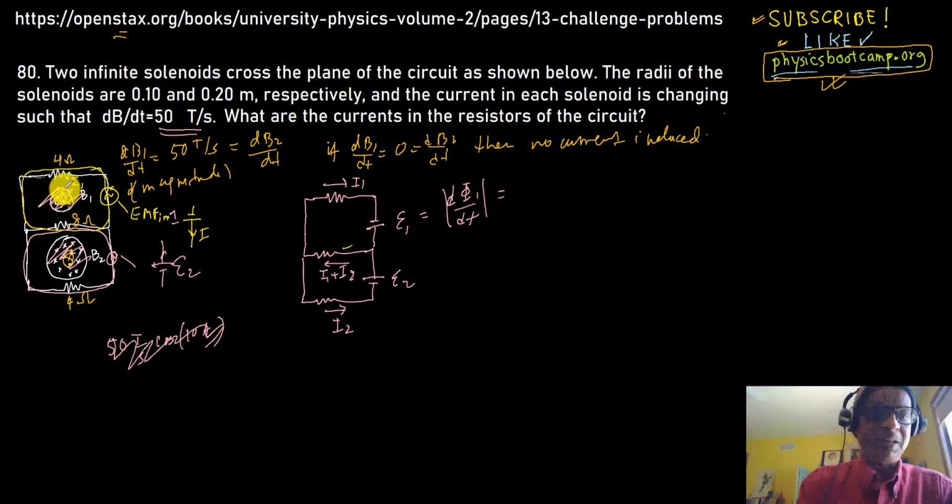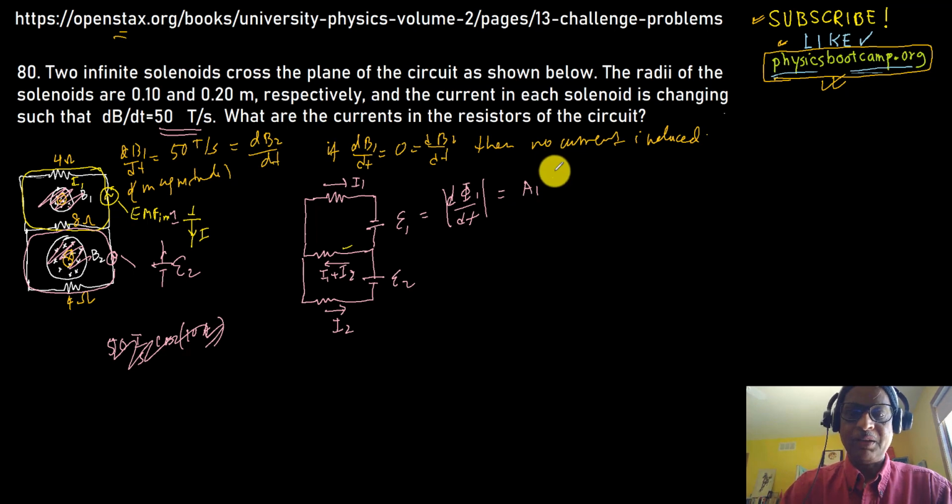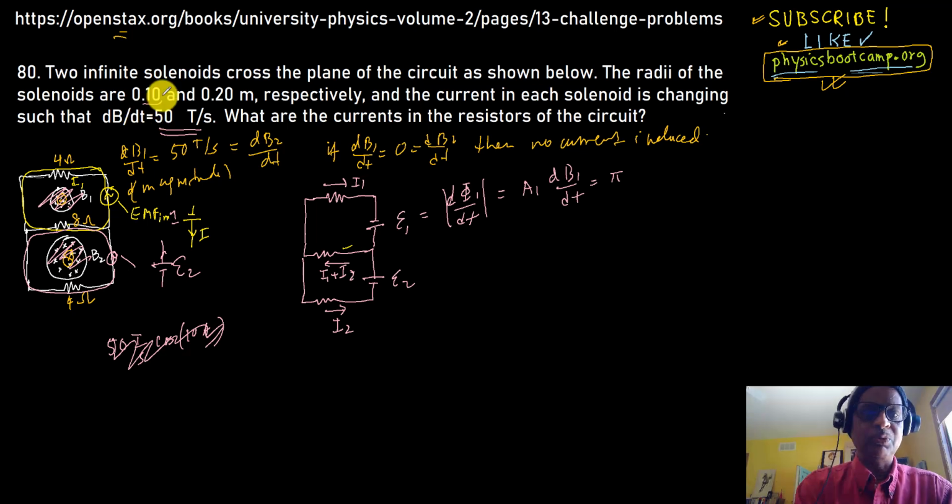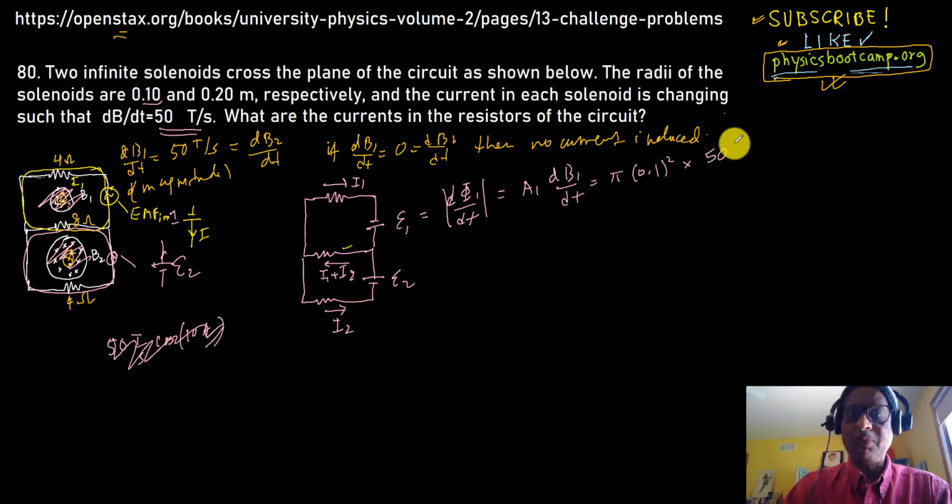This is the area times the rate at which the magnetic field changes, so it is A1 times dB1/dt. What's the area A1? It's π r squared, where the radius of the solenoid is 0.1 meter, so π times 0.1 squared, and dB1/dt is 50.